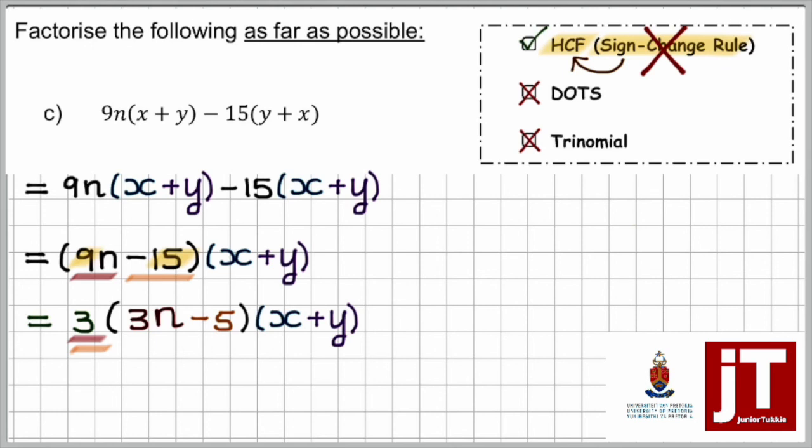If you notice from the word go that 9 and negative 15 are divisible by 3, and that x plus y is a common set of brackets, then you could go straight from that original expression to the final answer and you'll obtain all of your marks.